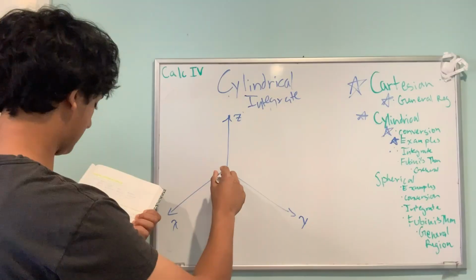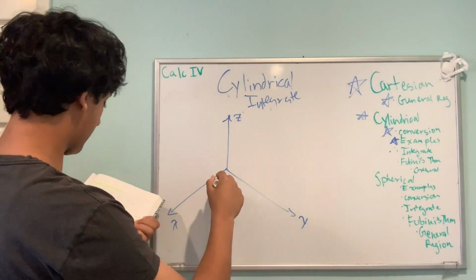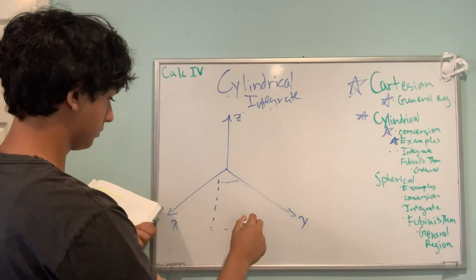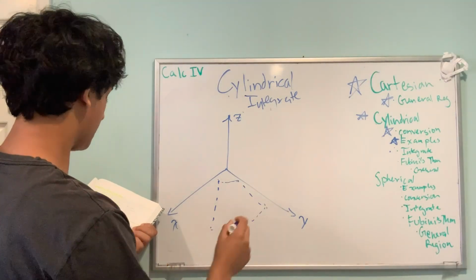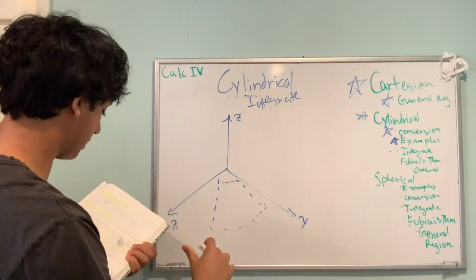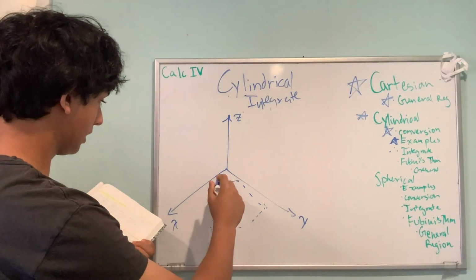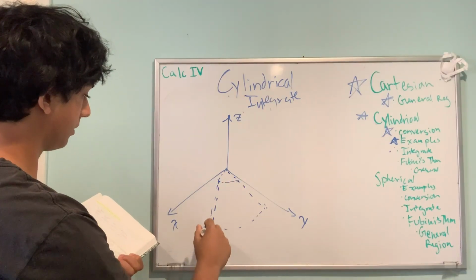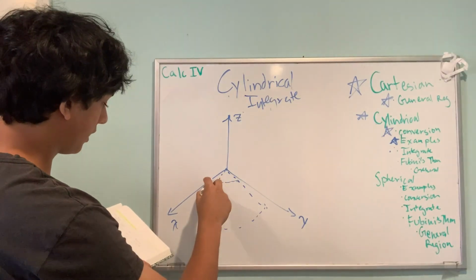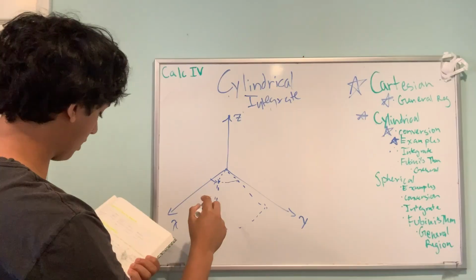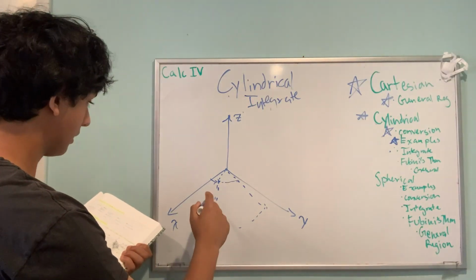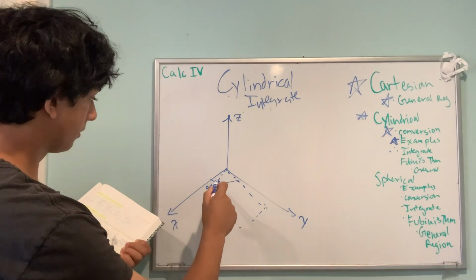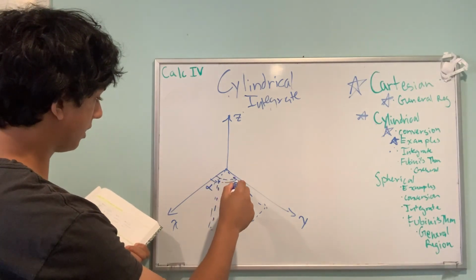This is the shadow of the box onto the plane. This angle here, assuming that's straight, would be our lower bound, alpha. This one is our upper bound, beta.